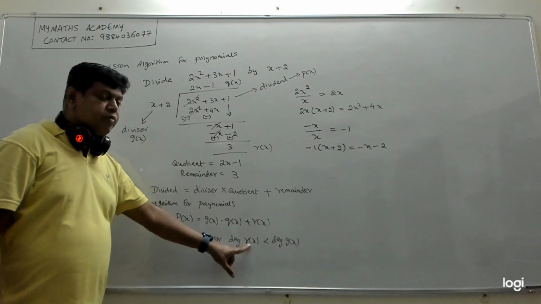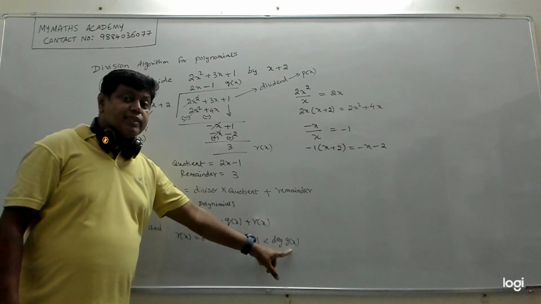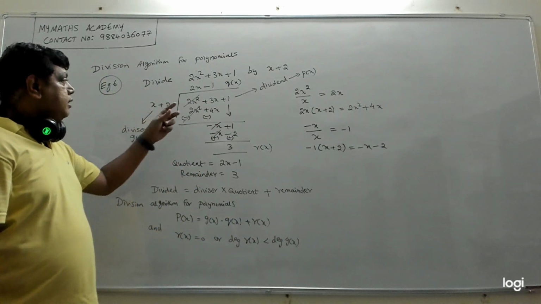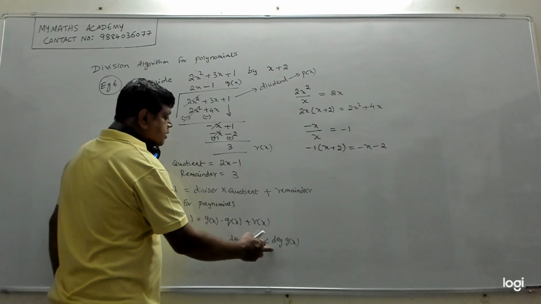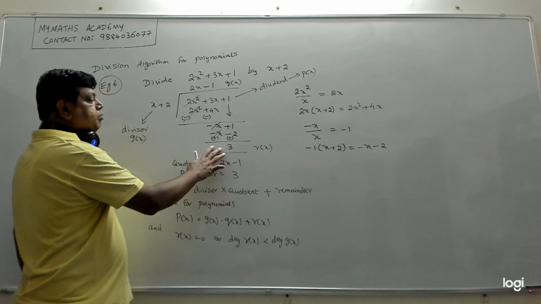The division algorithm satisfies both the conditions. Here r of x is the remainder polynomial, and g of x is the divisor polynomial, the one which divides. So whenever the degree of r of x is less than the degree of g of x, we should stop the division.